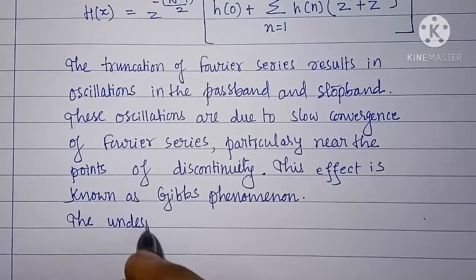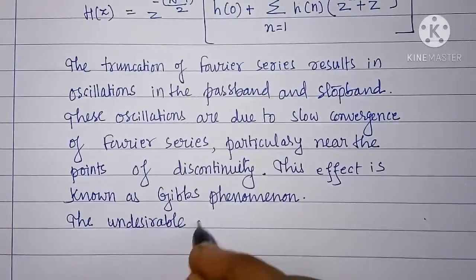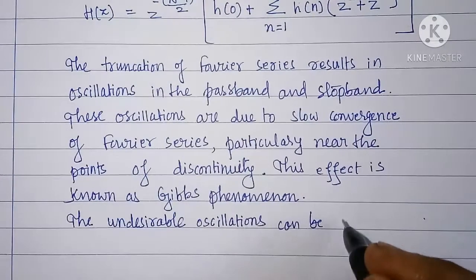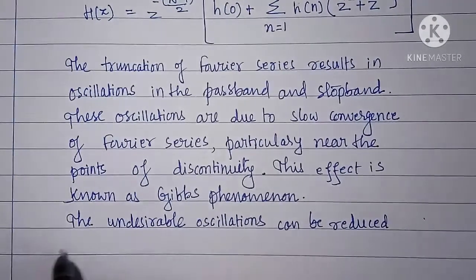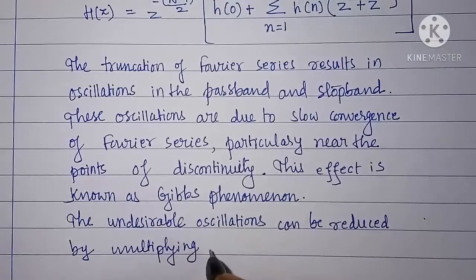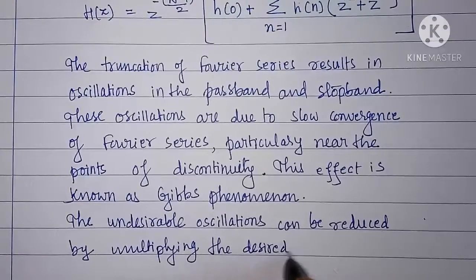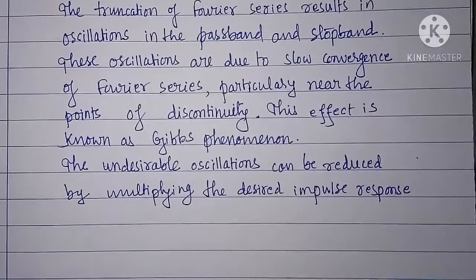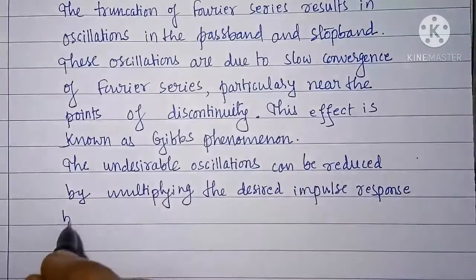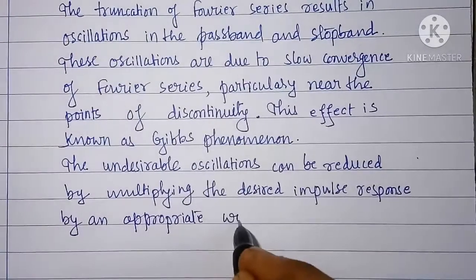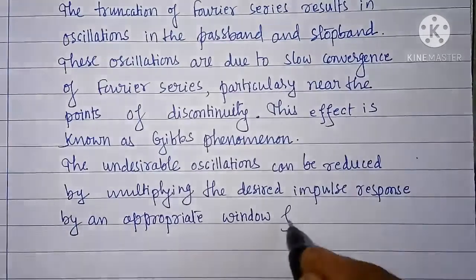The undesirable oscillations can be reduced by multiplying the desired impulse response by an appropriate window function.